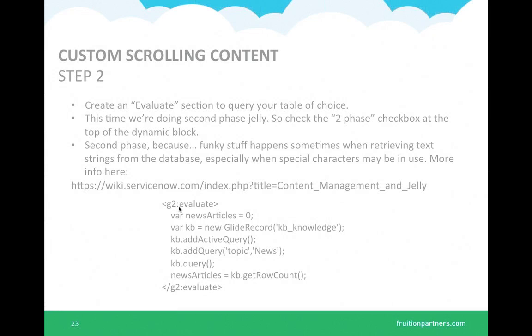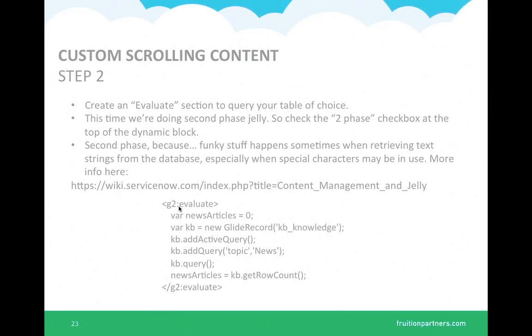The reason for that is Jelly script does 2 phases upon loading. So you can choose to perform operations in the first phase or the second phase. This time we're retrieving text, and sometimes text can come back with special characters that throw things out of whack.